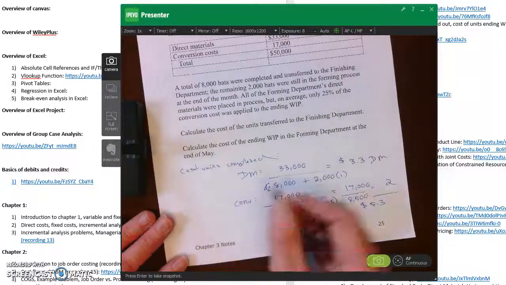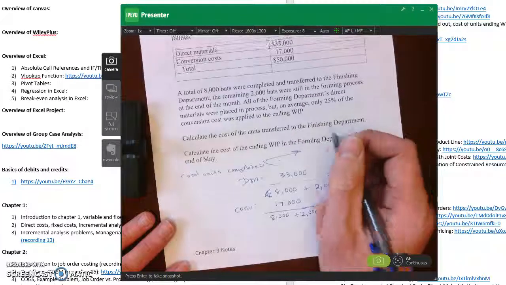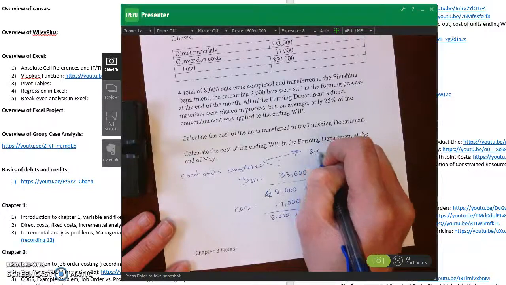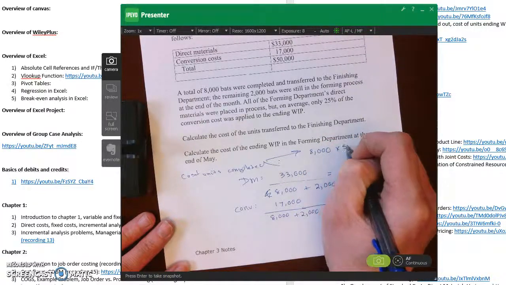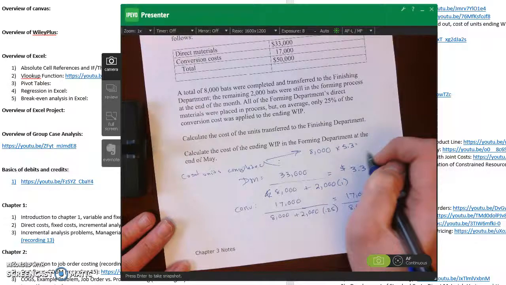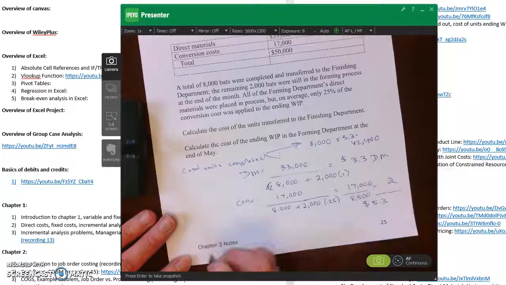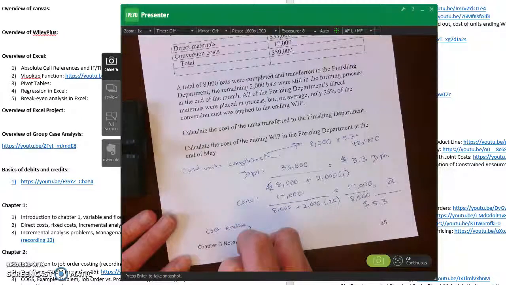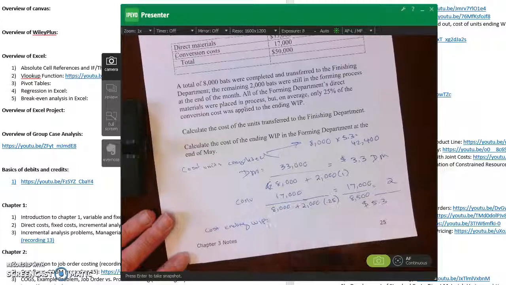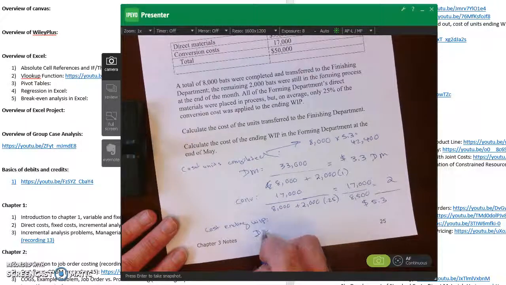And then what we say is the cost of the units complete. I'll come back over here. How many units were completed? 8,000 times my 5.3, which is going to be equal to my 42,400. And then the cost of units ending WIP. Cost ending WIP. I come over here and I have to do it separately for materials and for conversion, remember? So I come over here.